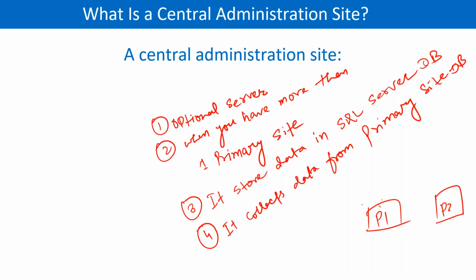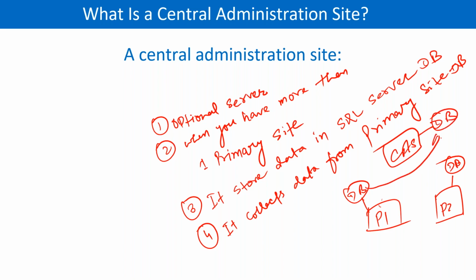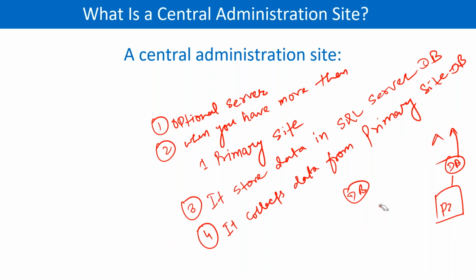That's not a problem, but minimum 2 primary site, and each primary will have database. Okay, and central will be sitting on the top, and it will also have database. So this data and this data will replicate here on the central database. So it collects data from primary site database.